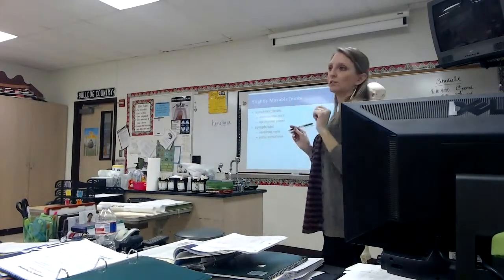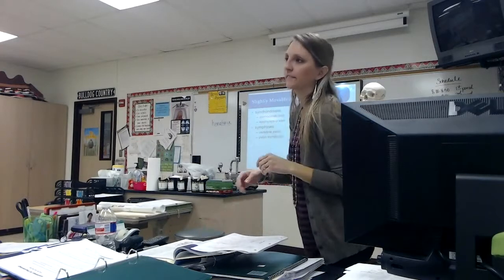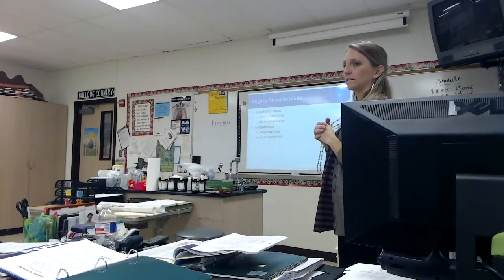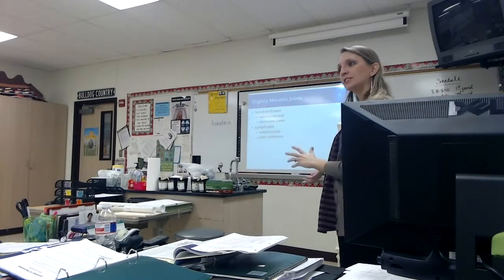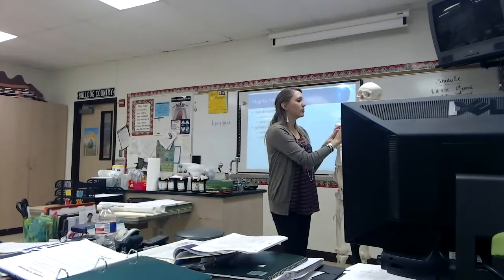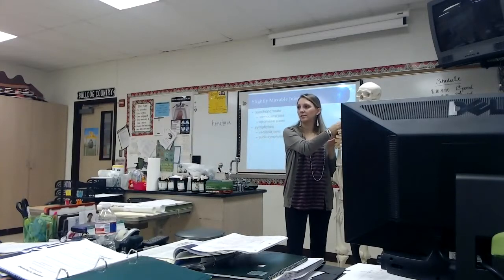So sternocostal joint would be where? Sternum. Costal, costo is what? Ribs. Remember ribs cost a lot of money to eat? So it's talking about the joint between the ribs and the sternum.